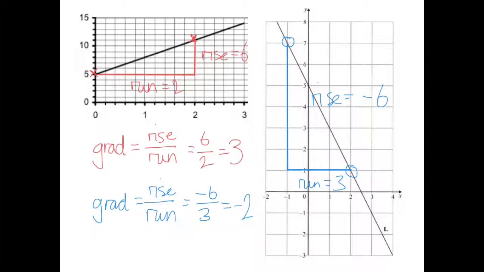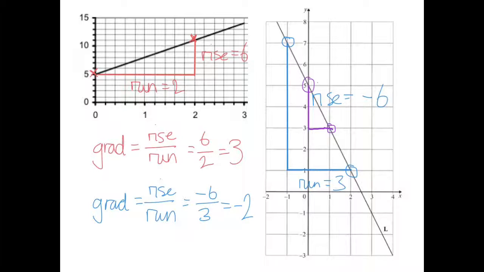If I picked 2 other points, I could have picked any 2 points in that line and still get the same gradient. Let's take a wee example of that. So if, for example, I picked this coordinate and even this one here, let's see what the rise and the run are this time. This time we can see that the line goes down by 2 squares and across by 1 square.